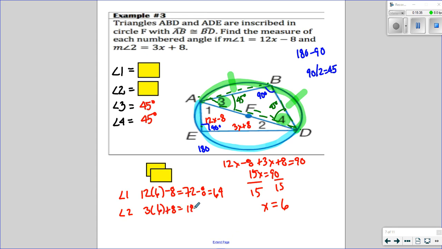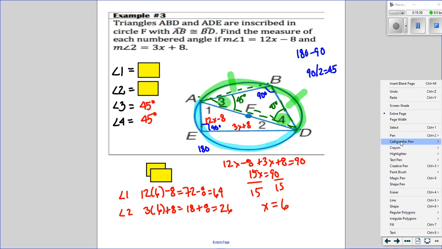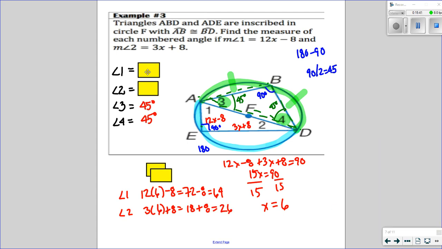That's 18 plus 8, which gives us 26. And then we found both of our angles, 64 and 26. And again, it's everything you know about inscribed angles, intercepted arcs, circles, half a circle, the measurements, all that stuff.